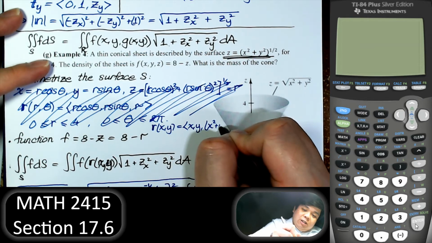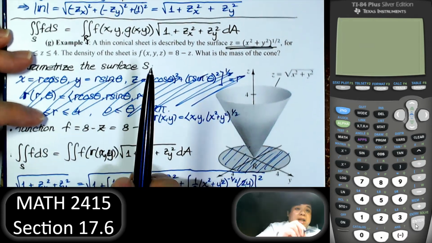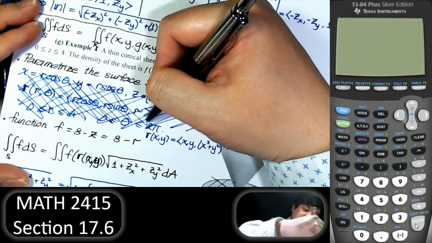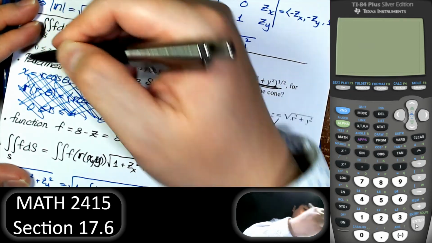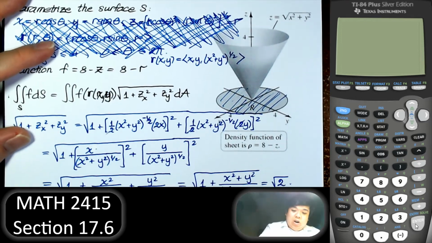Remember, in that formula, we can only do that with the variables x and y. So if we want to keep x and y, that is our parameterization. In that case, that worked out just fine.